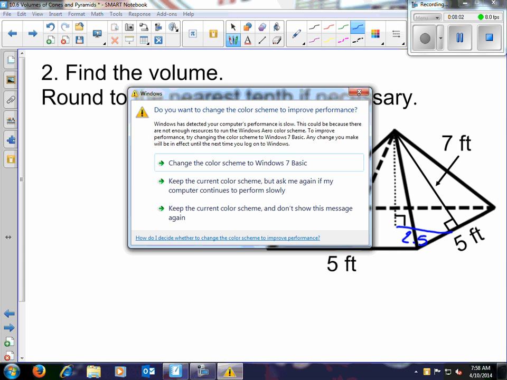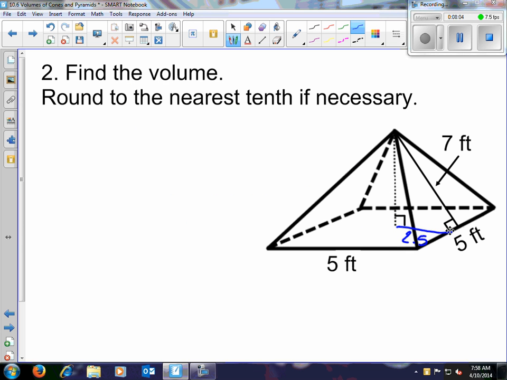And now I can use Pythagorean theorem to figure out what my height is. So this is going to be my b. So I'm going to have 2.5 squared plus b squared is equal to 7 squared. 2.5 squared is 6.25 plus b squared equals 49.